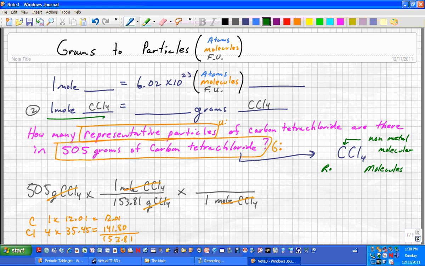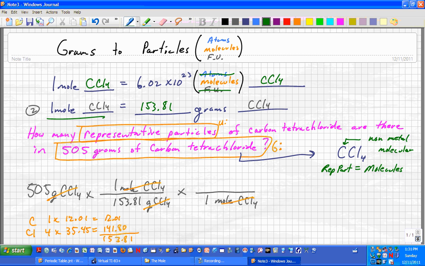So my representative particle, told you we'd figure this out at some point. There it is. Representative particle, I'm looking for molecules. So I'm going to get rid of atoms. I'm going to get rid of formula units. I'm just worried about molecules of carbon tetrachloride. This was 153.81.